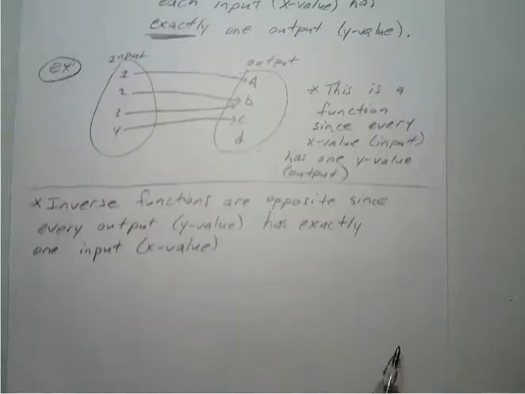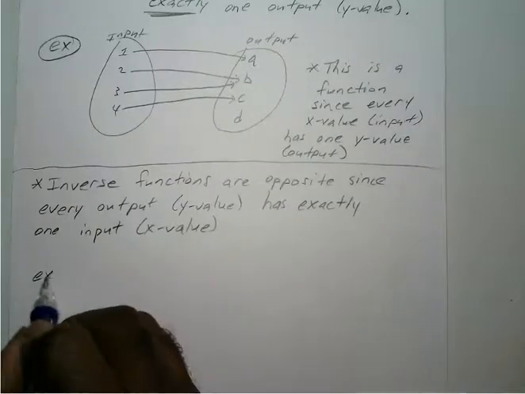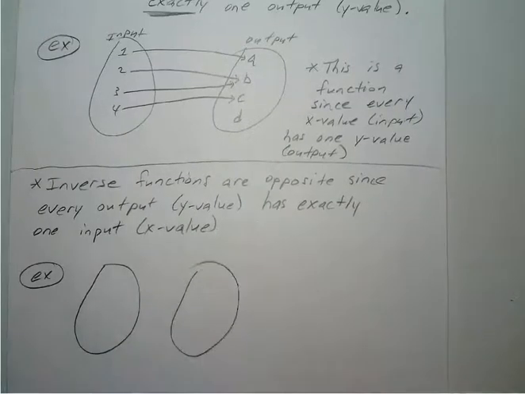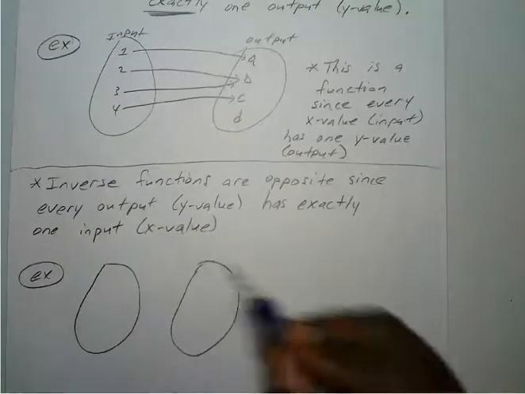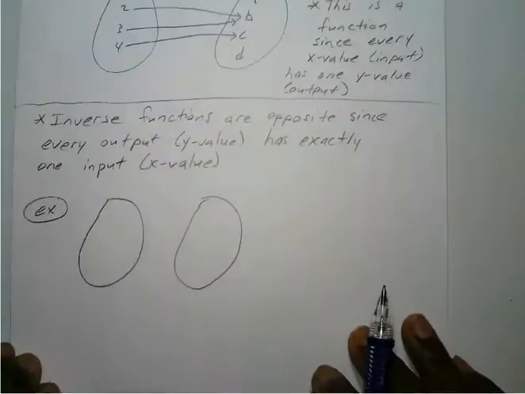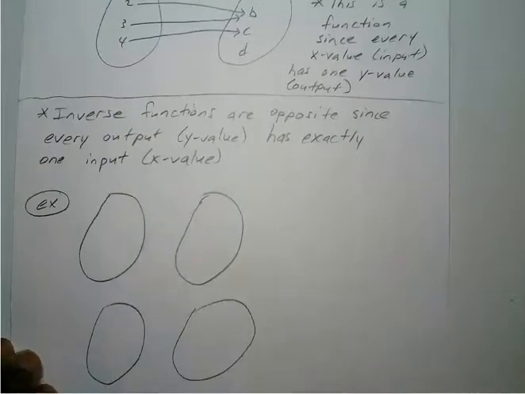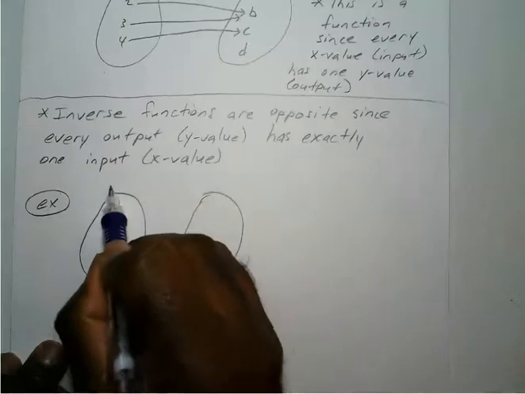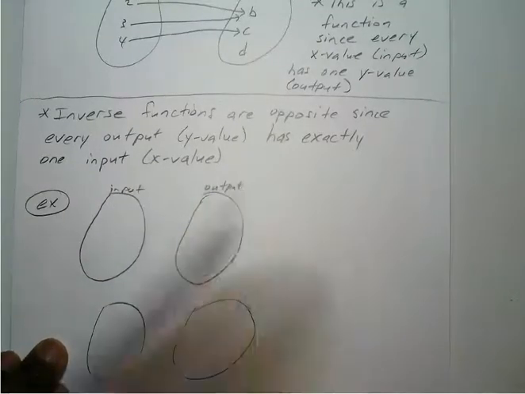Let's give you a quick example. We'll make these two underneath it. This is our input, and this is our output.